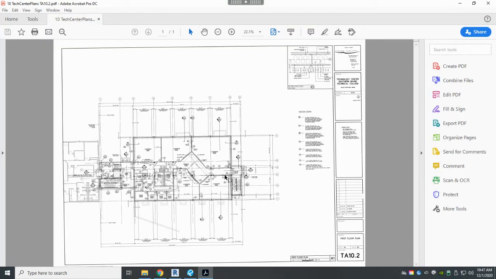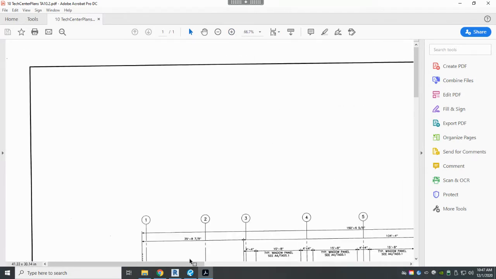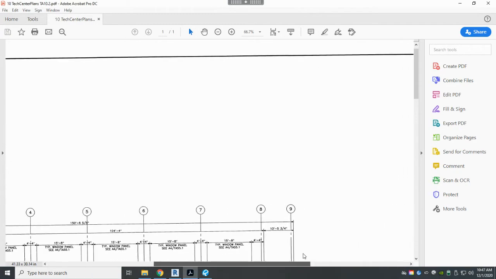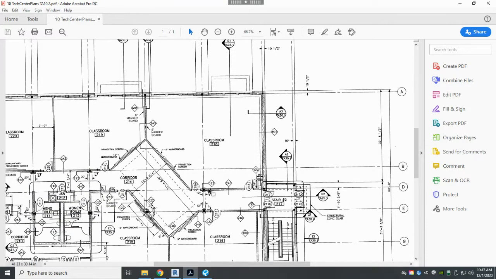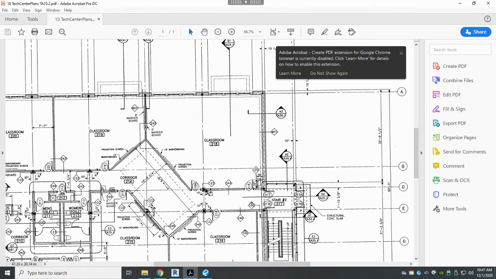So right here is where we are. We're between column lines 7 and 8. That's where that bracing is, right here. And the location of this door could not be on this left-hand side because that diagonal bracing is starting at the floor line here and rising up to the second floor column over here on this side.